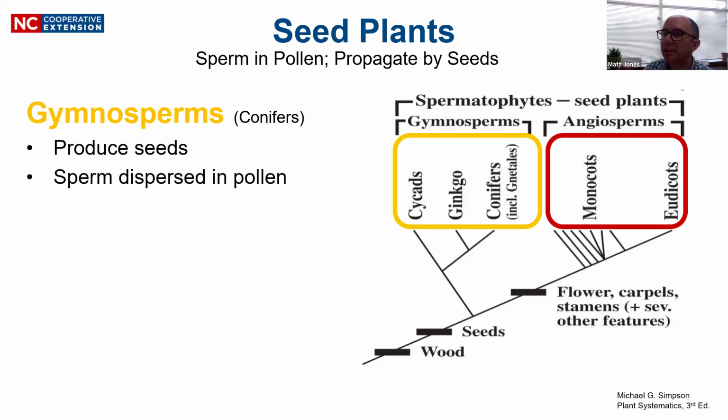It contains the embryonic plant, it contains stored food, and it contains a protective outer shell coating. And these two major groups also produce true wood. So the way that their vascular structures are arranged enables them to grow in girth, and so they get much larger than ferns or mosses ever could.